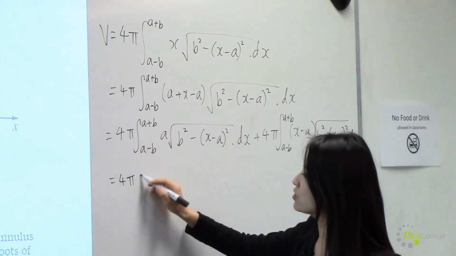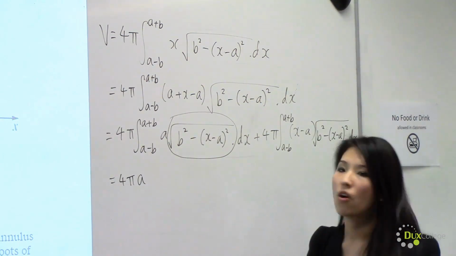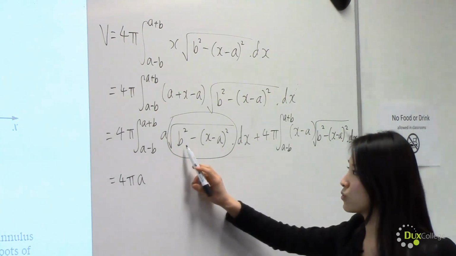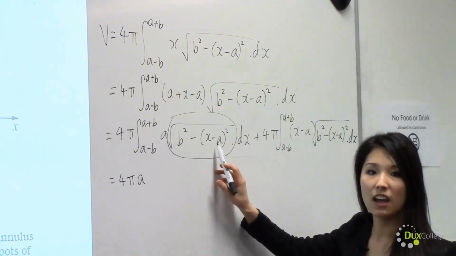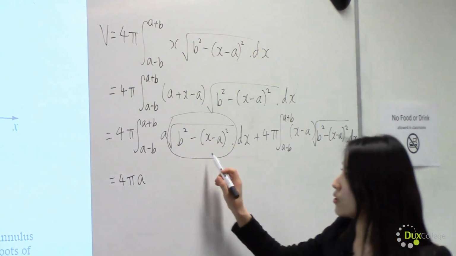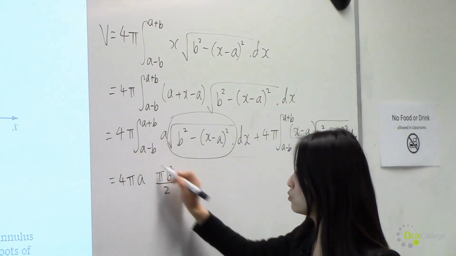Let's take a out. Then the remaining part is equivalent to finding the area of the semicircle centered at (a, 0) with radius b. So the area of this semicircle would be pi b squared on 2.